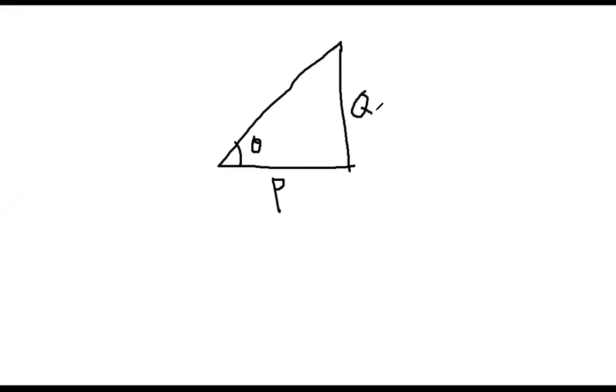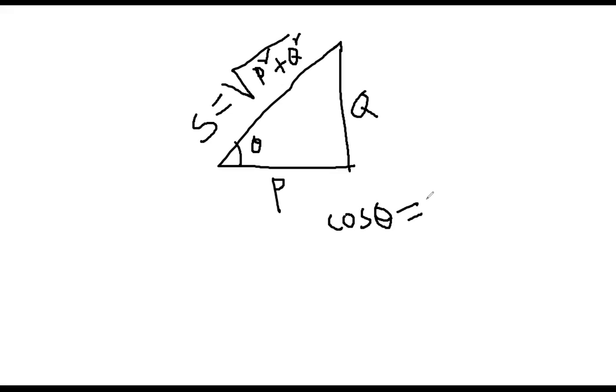Here is the reactive part, and this one is your apparent part, which is root over P square plus Q square. And then the cosine theta: if you take the cosine of this angle theta, cosine theta is P over S, that is, base over hypotenuse. Yes, that is the thing I was telling.